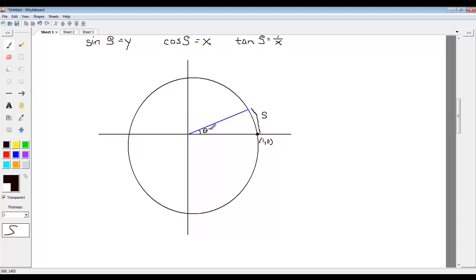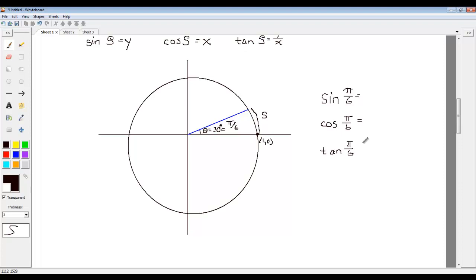But let's let theta be 30 degrees, which is the same thing as pi over 6 radians. Well, we know the sine of pi over 6, cosine of pi over 6, tangent of pi over 6. We know all of those values.